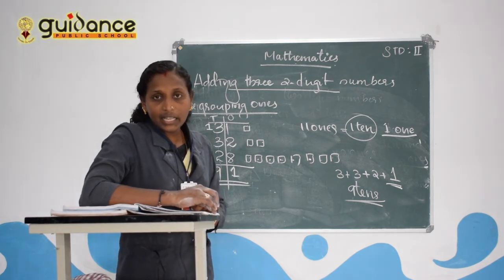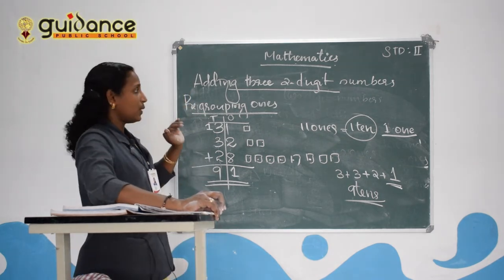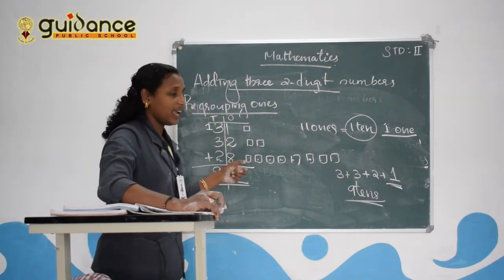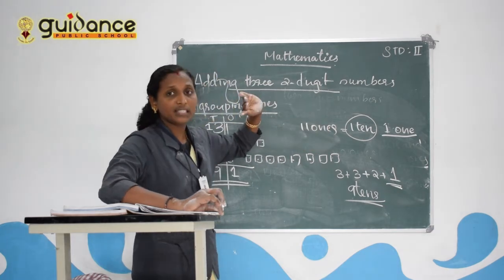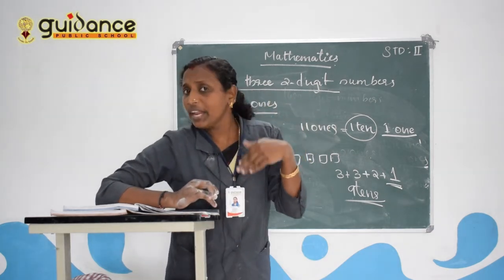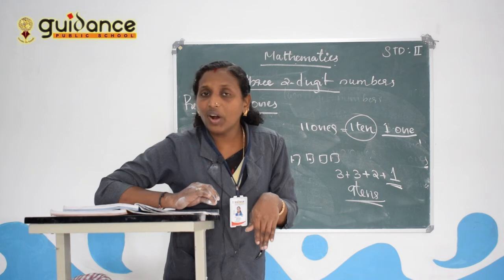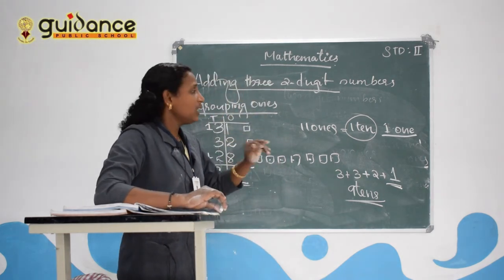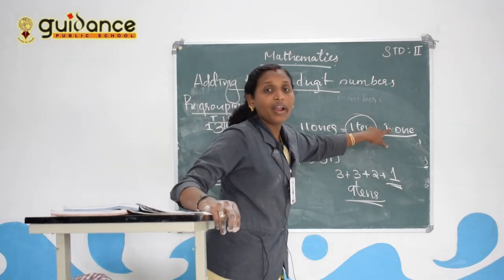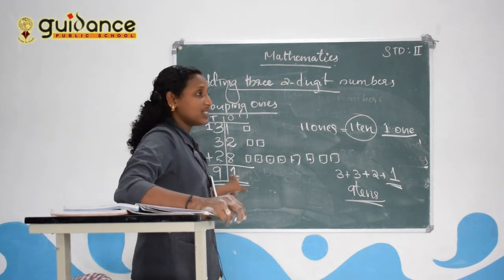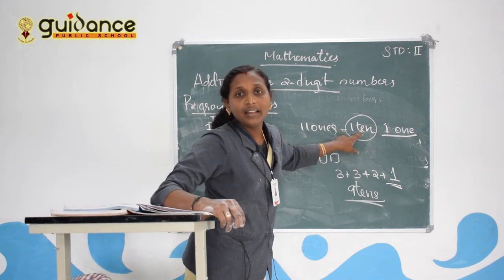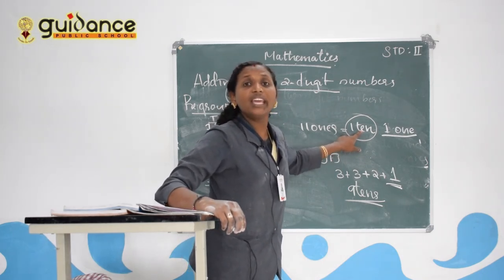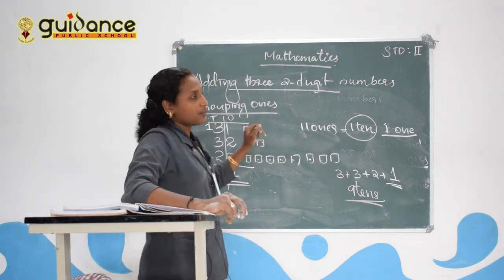Clear? First we have to add the ones: 1 plus 2 plus 8. That is 11 ones. 11 ones can be regrouped into 1 ten and 1 one. That 1 is written in the ones place and this 1 ten is carried over to the tens place.